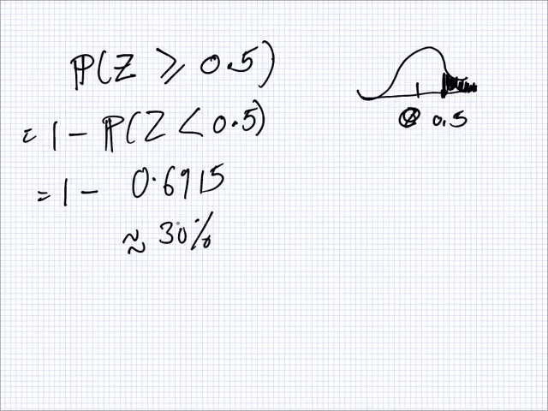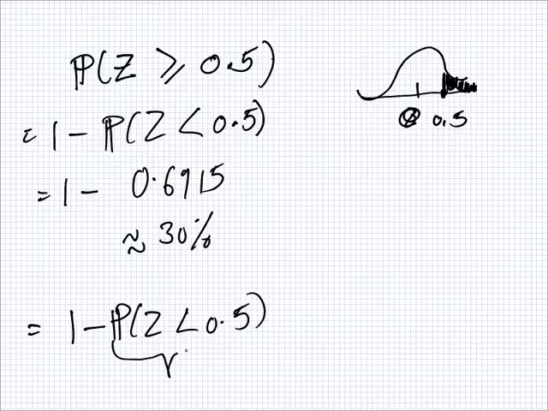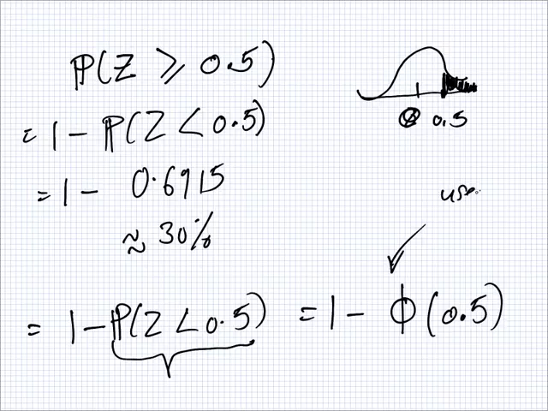Now, when you want to show that you use the table book to get the number, you write the following. If I want this, how do I calculate this percentage? I need to use the tables. So to show that in my work, I write this: 1 minus this symbol at 0.5. So this means I use the tables at 0.5.